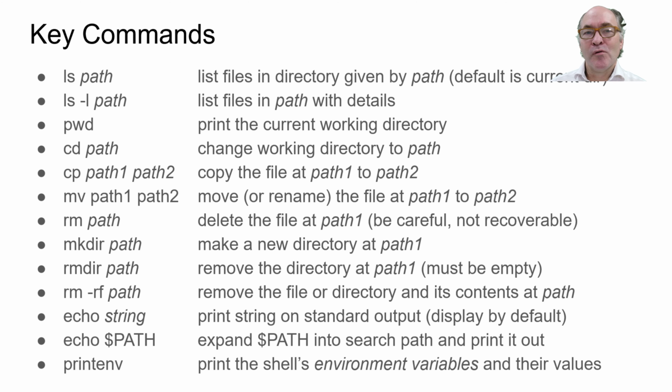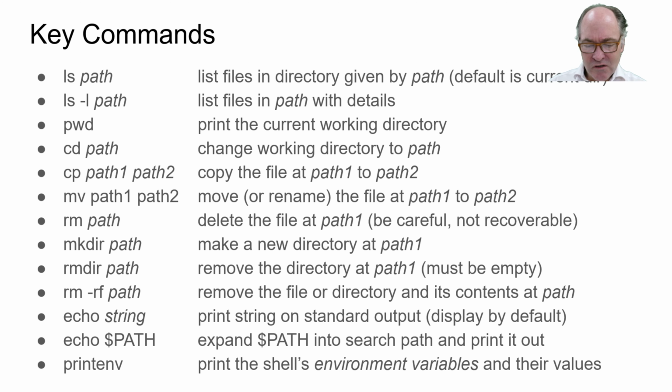rmdir is the command for removing a directory, but the constraint here is that that directory needs to be empty. So what if you wanted to remove a directory with hundreds of directories inside of it, each containing thousands of files? Well, you certainly don't want to have to go in and remove all those files and directories by hand.